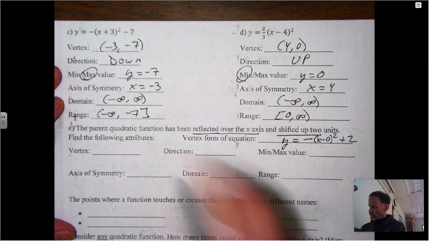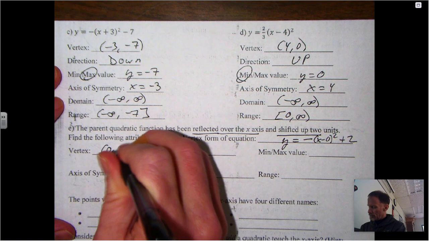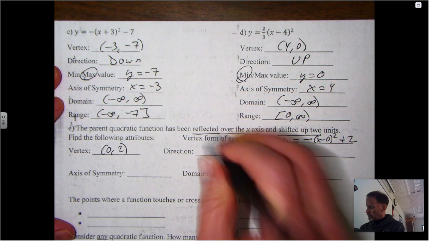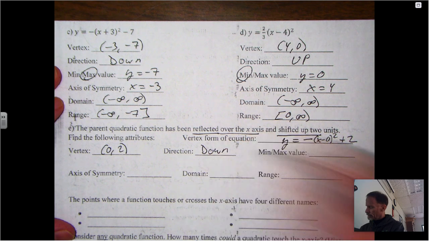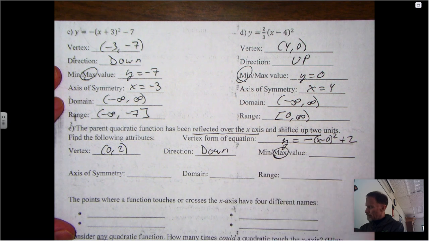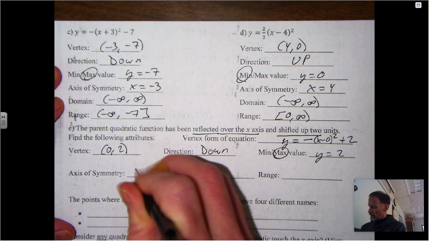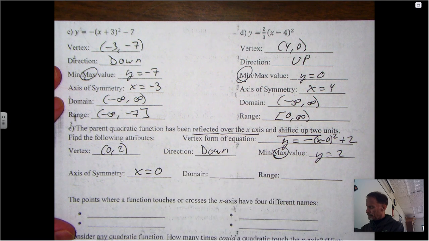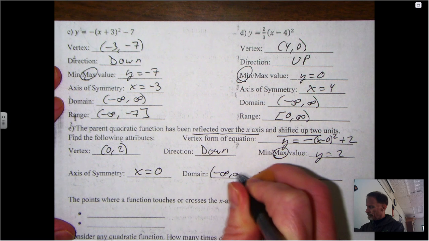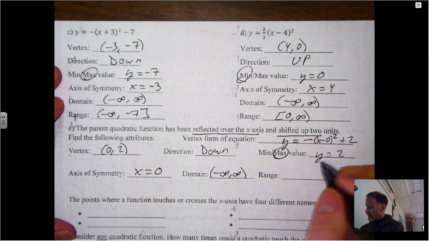And then same questions: vertex (0, 2). It's going down. So it's a maximum value at 2. Axis of symmetry, domain, and range.